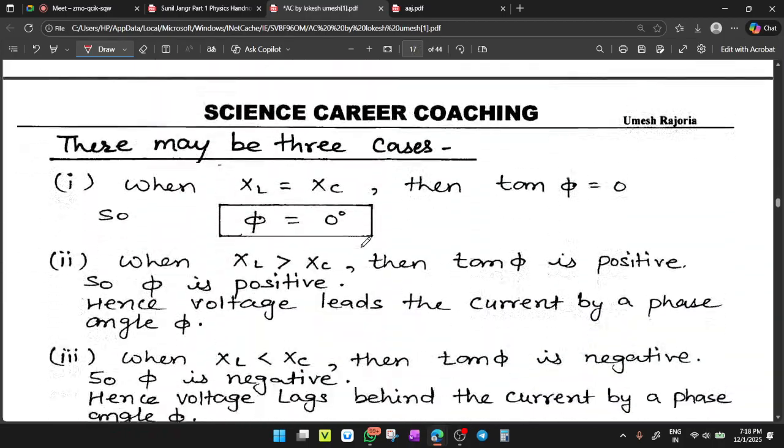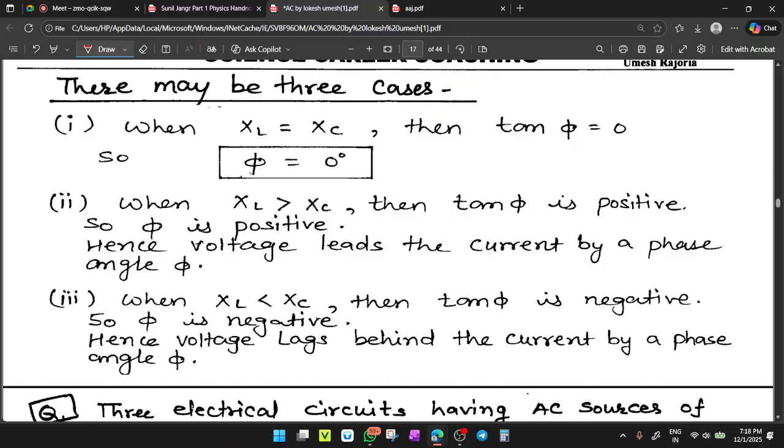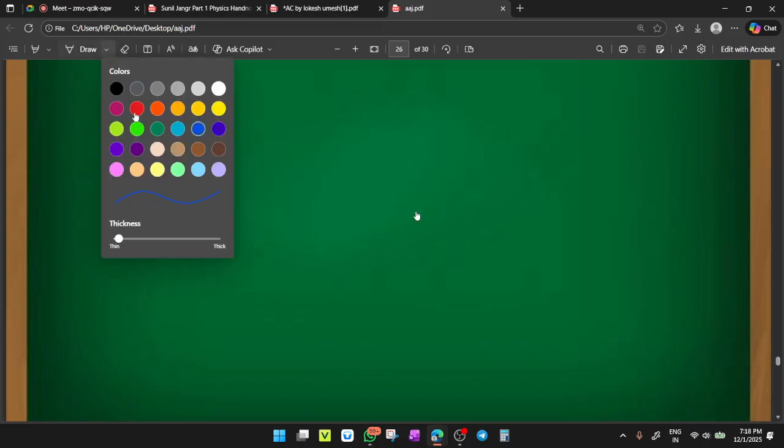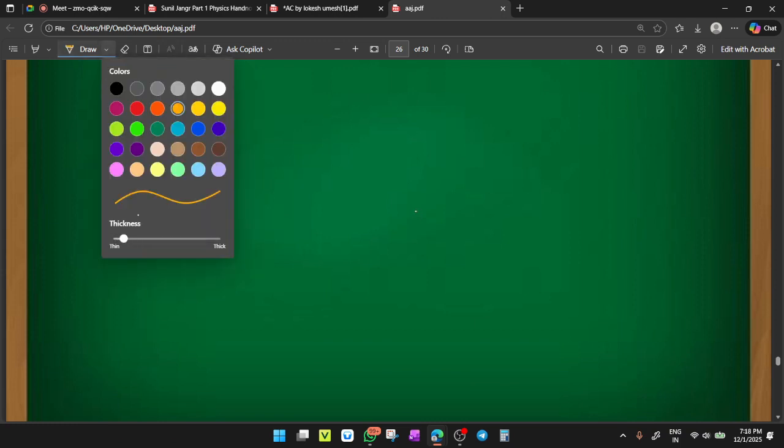Now today we have three cases. First, we have the relation we derived: Z equals under root R square plus (XL minus XC) whole square.